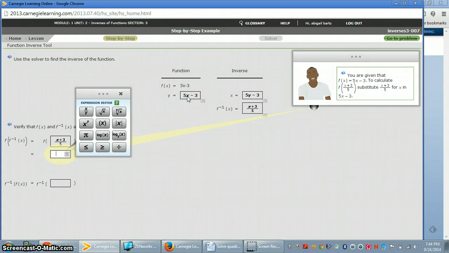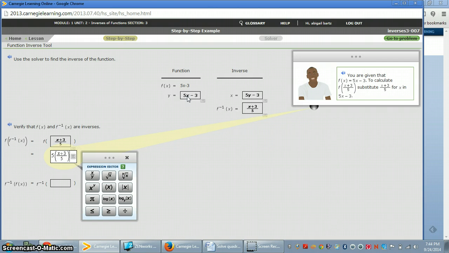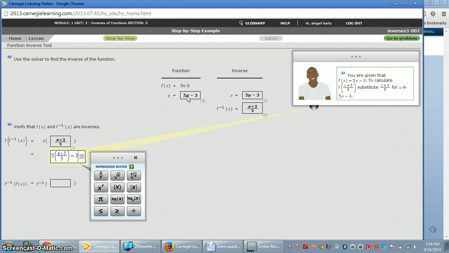In place of this x, I'm going to have to substitute in. Every time I substitute in, I always put the parentheses. I have to substitute in x plus 3 divided by 5. So this is substituted in place of x, and then minus 3. So there was an x, now I substitute in place of x.